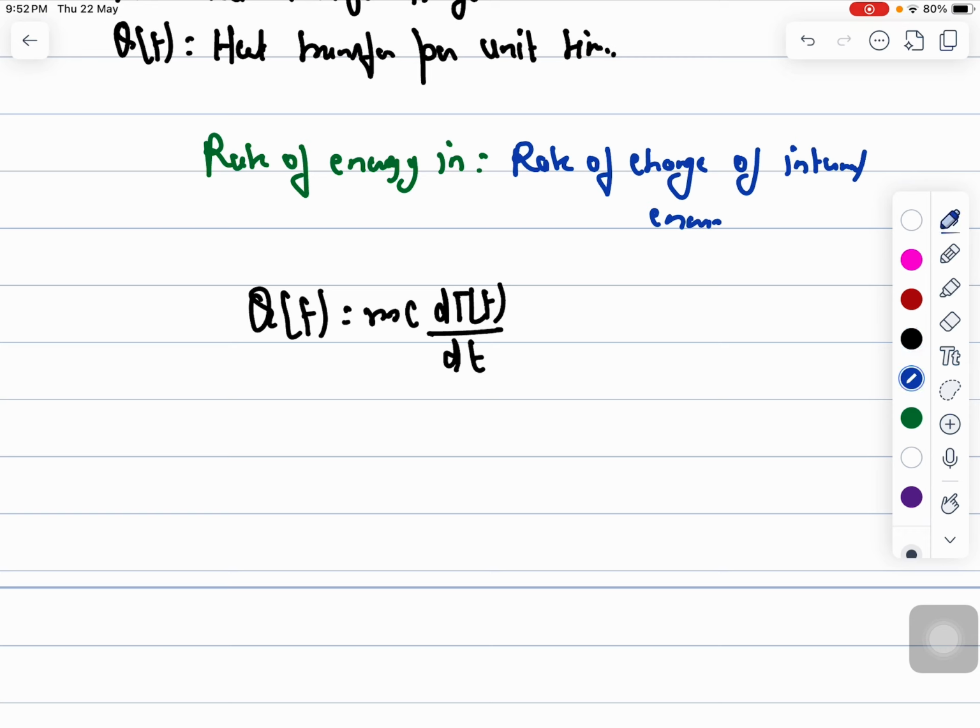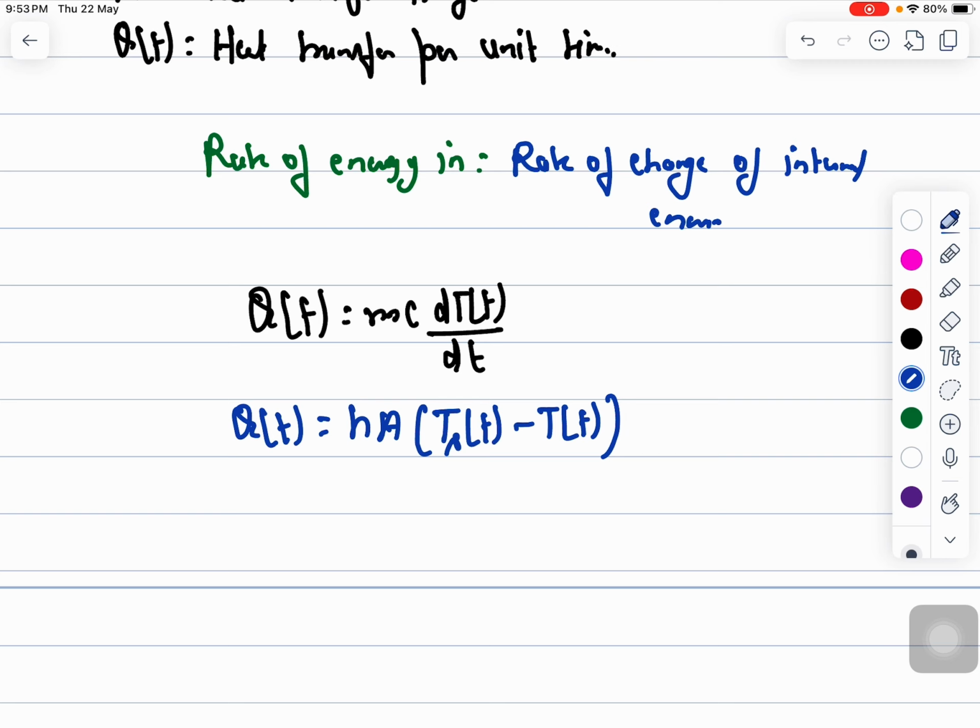Okay. So again Q(t) can be written as the rate of heat transfer by convection. So I can write hA times the temperature difference, Ts(t) minus T(t), right?